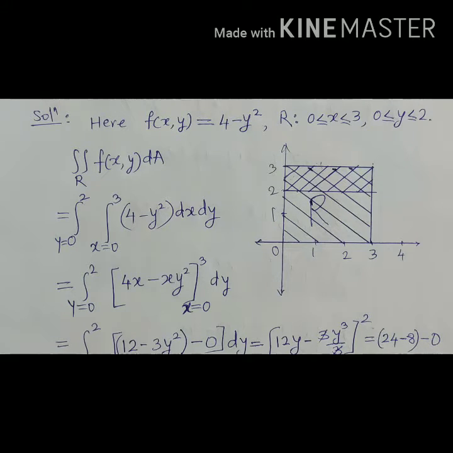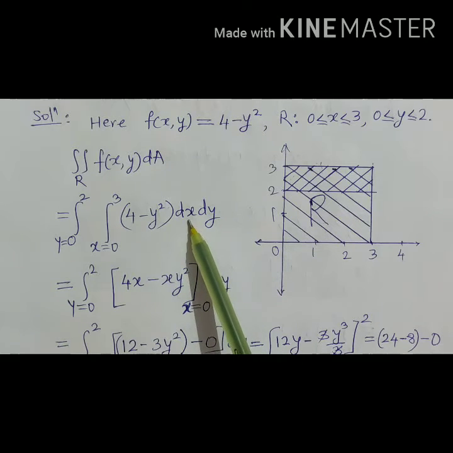Now consider the double integral over R of f of x comma y dA. Let us go by iterated limits. For the outer limit, let me take y, integration from y equal to 0 to 2. Inner one, integration from x equal to 0 to 3. Let us write the value of f, that is 4 minus y square.